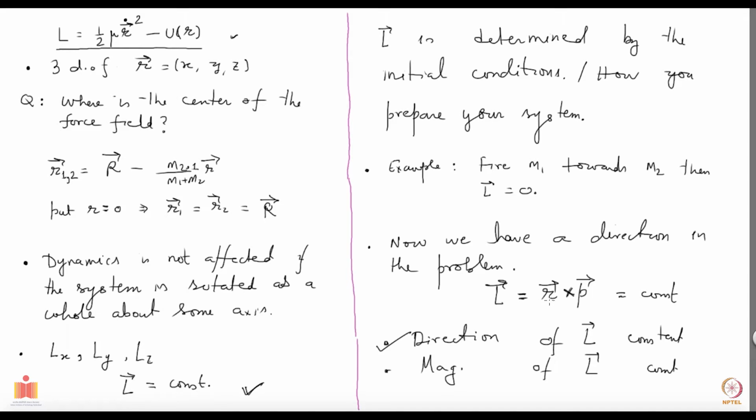The R has to be always perpendicular to L, which means the R is confined to a plane perpendicular to L, and of course it has to have also a momentum within that plane. So what I have been able to show is that because the direction of L is constant, my symmetry dictates that the motion will happen in a plane. So these two particles will always remain in a plane. Okay, so this is what our conclusion is.